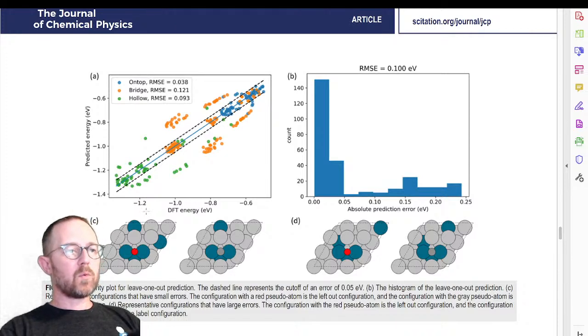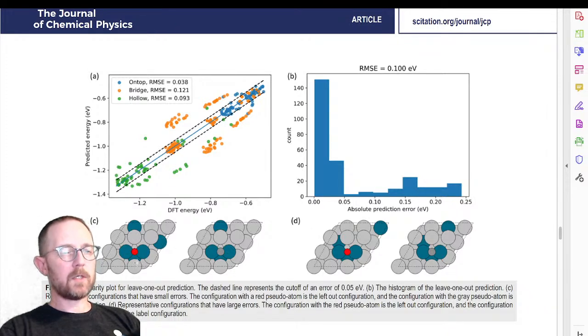What we did here was look at a pseudoatom, which is just putting this red dot here, and then we calculate a fingerprint vector for that local environment, and then we have a set of different acrolein geometries that were on that site, and we take the lowest energy one, the most stable one, and use that as our label. Then we fit a machine learned model that relates the fingerprint to that absorption energy, and this is what the data kind of looks like.